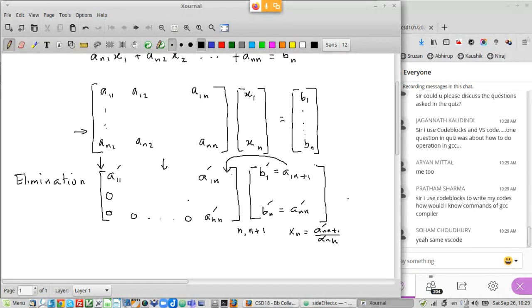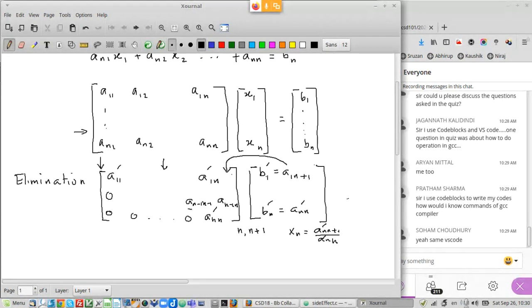You go to the previous row, which will have an minus 1, n minus 1, and an minus 1, n, where this is clearly multiplying xn, right? Because this is this into x1, next into x2, so on. So this into xn minus 1 and this into xn.